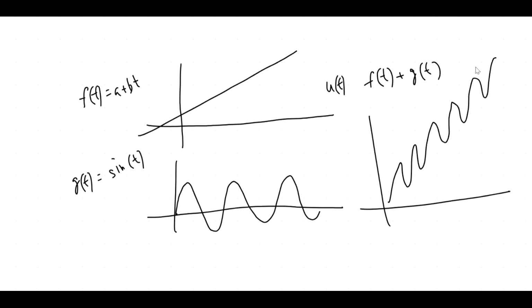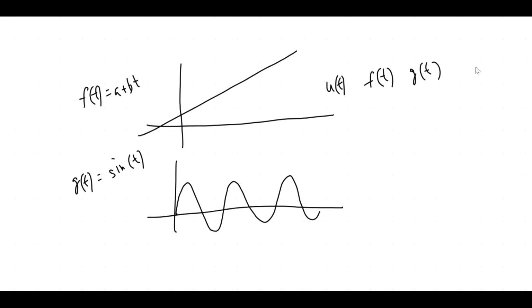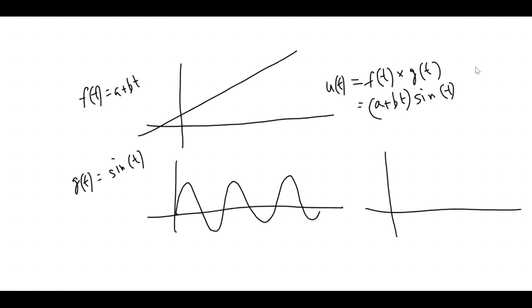On the other hand, suppose you are working with a function a plus bt into sine t. So your function is a plus bt into sine of t. If you try to see the graph of such a function, you'll see it would look like this.